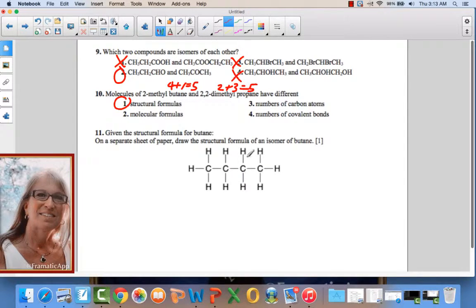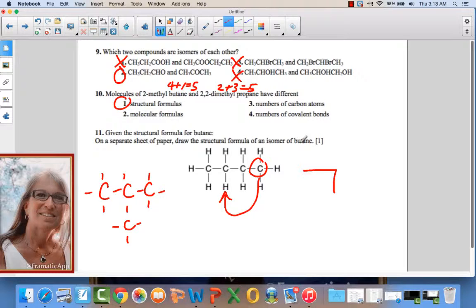Draw an isomer of this. The easiest way to draw an isomer is to take a C off and put it somewhere in the middle. Do not put it on an end carbon because then you're just bending the chain and it's still one long line. So when you draw an isomer, you want to take it off and put it in the middle and then make sure everything's got all its H's.